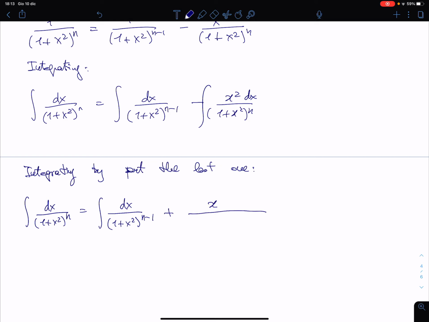Here we have the x, and then we have to integrate the other part, because again x squared is equal to x times x. So x divided by 2(n minus 1)(1 plus x squared) to the power n minus 1, plus 1 over 2(n minus 1) times the integral of dx over (1 plus x squared) to the power n minus 1.